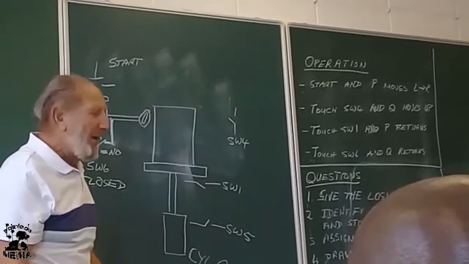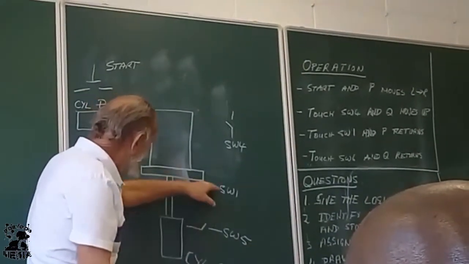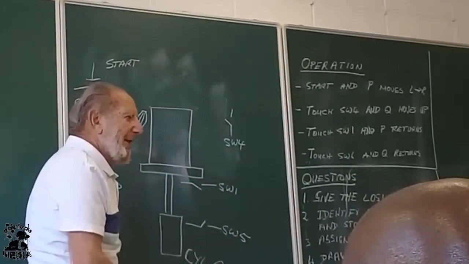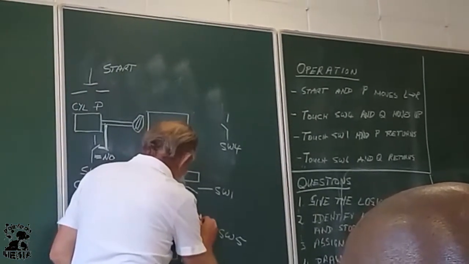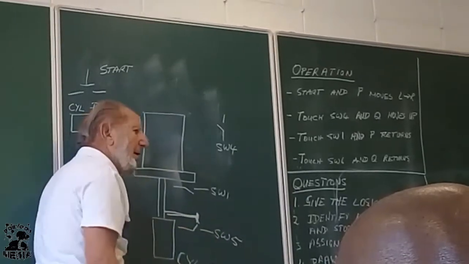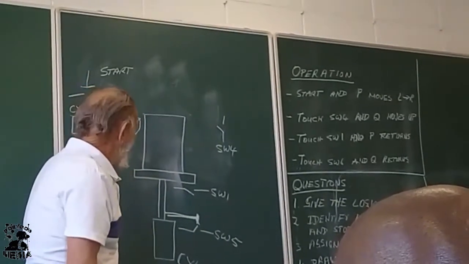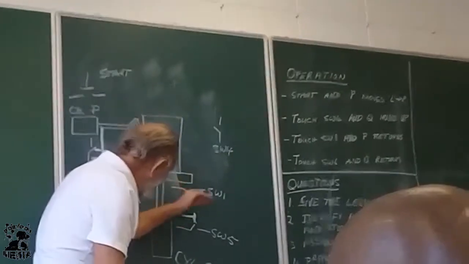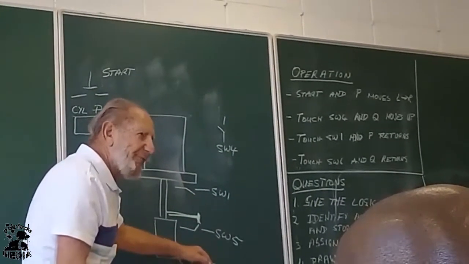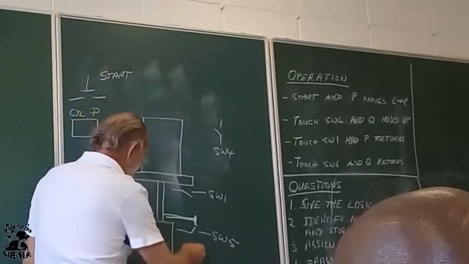Right? What is closing switch 1 and 5? Again, an arm that is connected there. Where is cylinder Q? It's at the bottom. So it's pressing against switch 5. So switch 5 is closed.